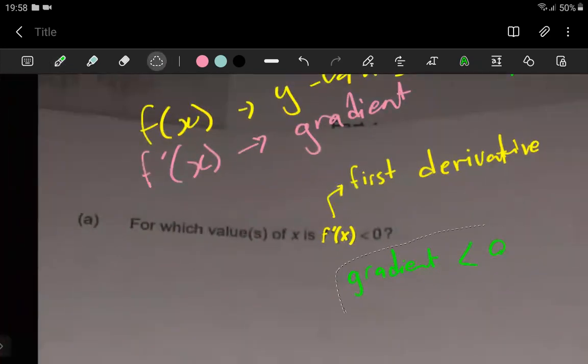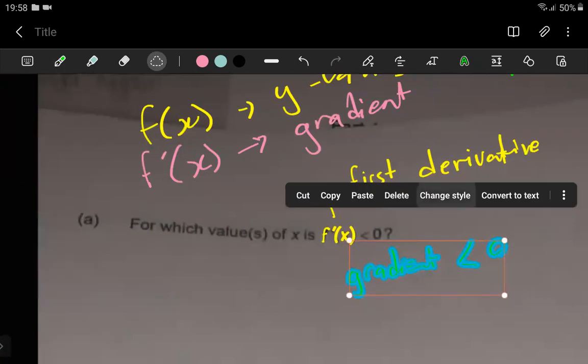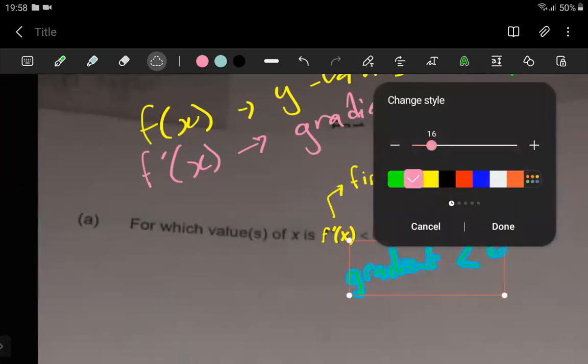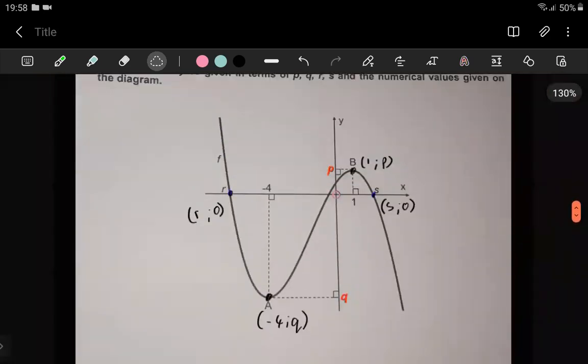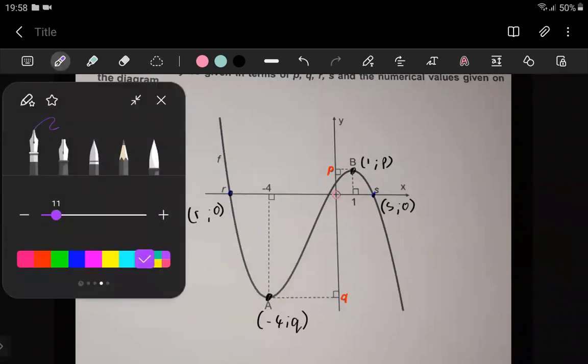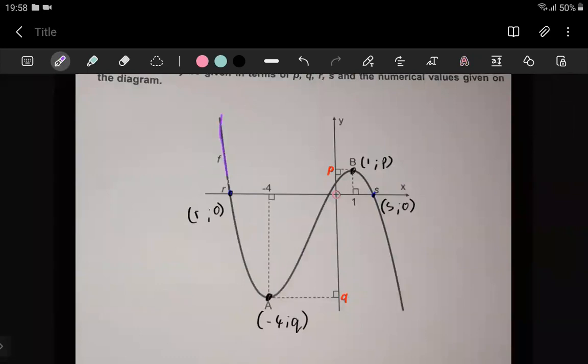Where's the gradient below 0? That's what this question is asking. So for you to determine where the gradient is below 0, you need to be able to determine something like this. For example, where the graph is going down, this represents a negative gradient.